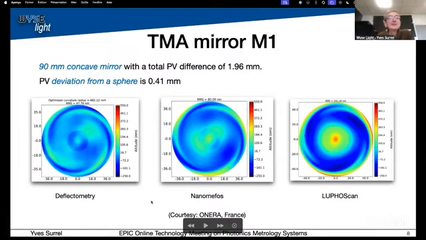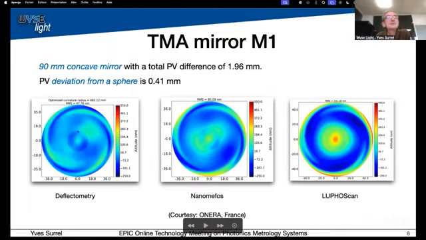And for these parts, we were lucky enough to have partners that could measure the same mirrors with other equipment: a Nanomefos from DIOPTIC and a LuphoScan from Ametek.